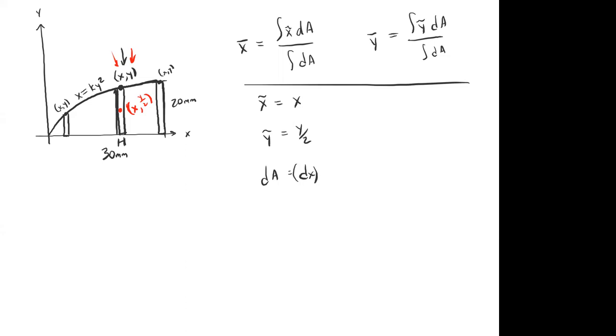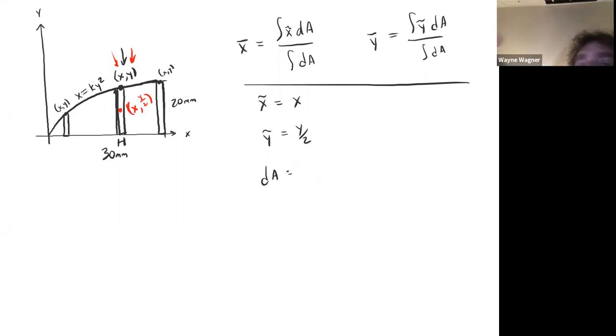dy. It's not dy. So dy would be if I drew a rectangle that was going in this direction. But in this case, remember x comma y. If something has x comma y, that means it's x going this way and it's y going up.